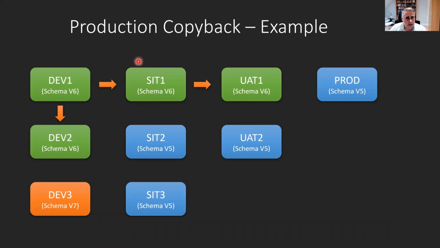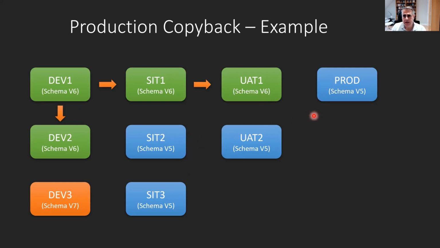In green here, you can see we've got these environments at version 6 of our schema. Our production and a few of these other environments are at version 5. And over in dev 3 here, we've got a new level, version 7, that's just being implemented and tested. So version 6 is what we've currently pushed through to SIT1 and UAT. We've got our previous environments here still sitting at version 5, and production at version 5.